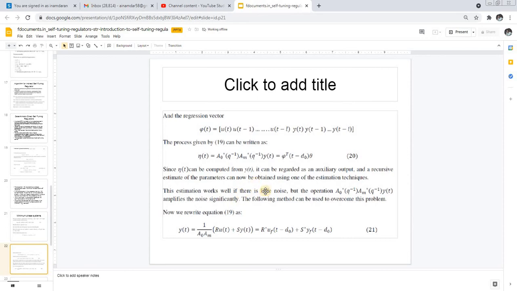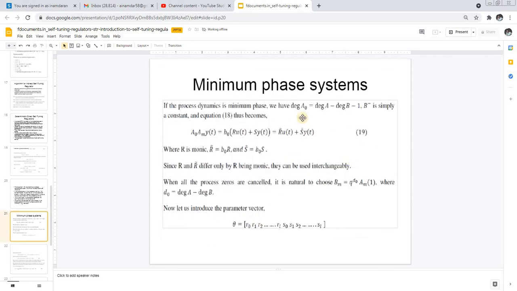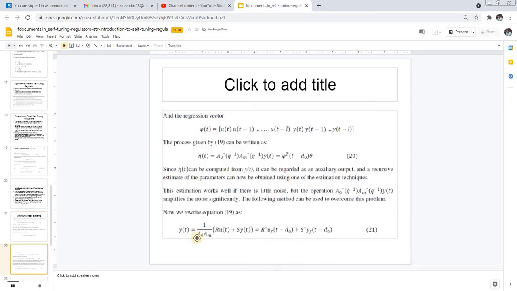For that purpose we just have to introduce 1 upon A naught Am in our equation number 19. So y of t will be 1 upon A naught Am times R u of t plus S y of t.